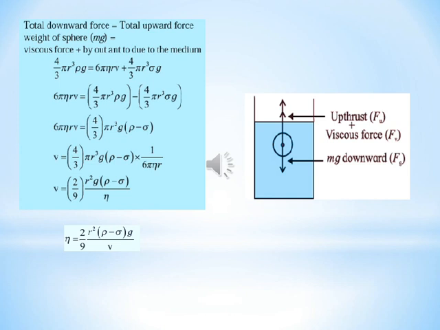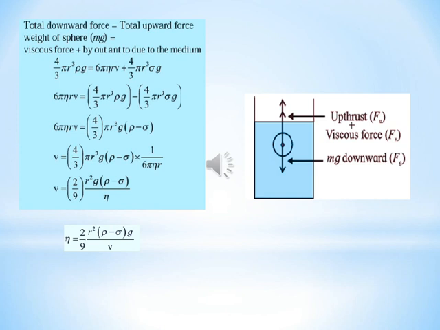And what will be the upward force? The upward force is the viscous force and the buoyant force due to the medium. The viscous force, according to Stokes' law, is 6 pi eta r v. We have derived it and seen Stokes' law in the previous slide. The buoyant force will be 4/3 pi r cube into density of the fluid into g, and the density of the fluid is sigma.